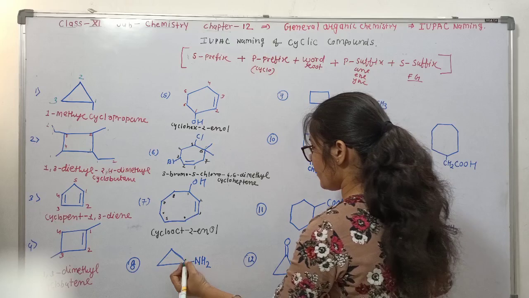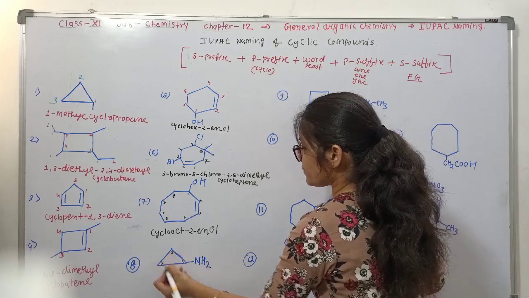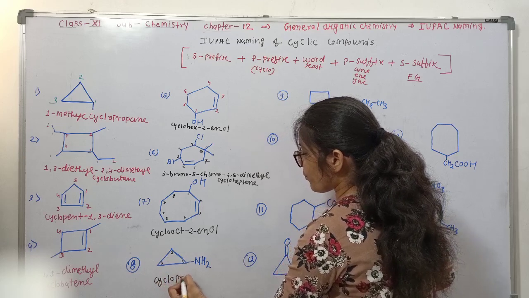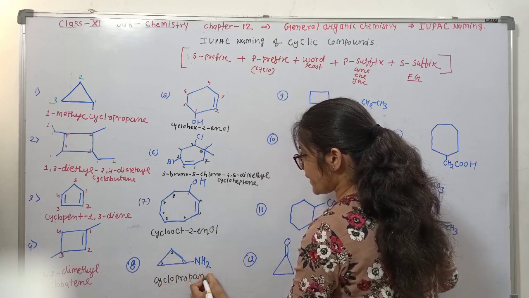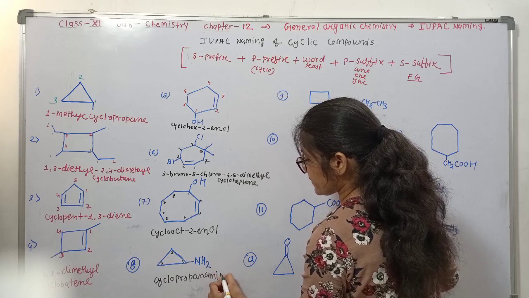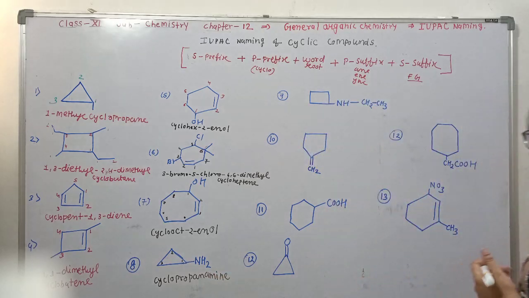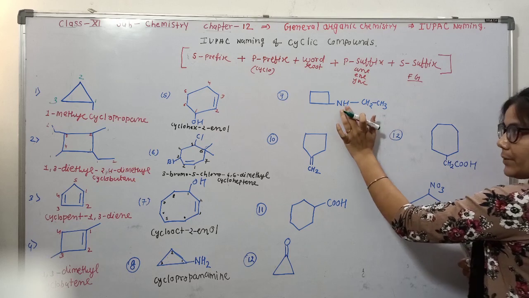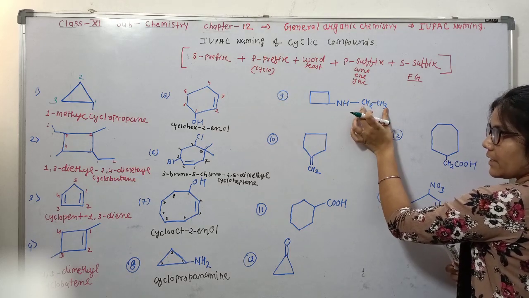Next one is having amine, 1, 2, 3. Cyclopropenamine. Okay, cyclopropenamine. Next one, see. Now we have the compound amine substituted with an alkyl group.